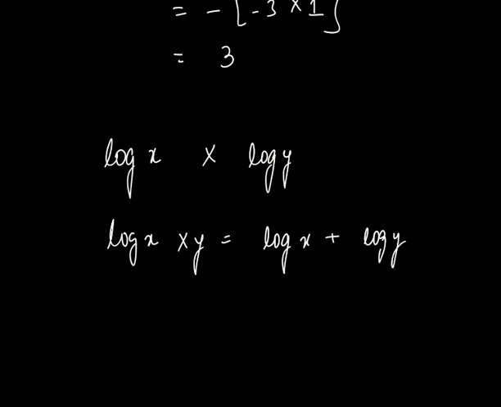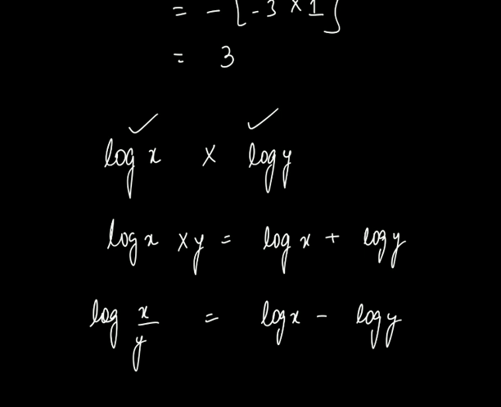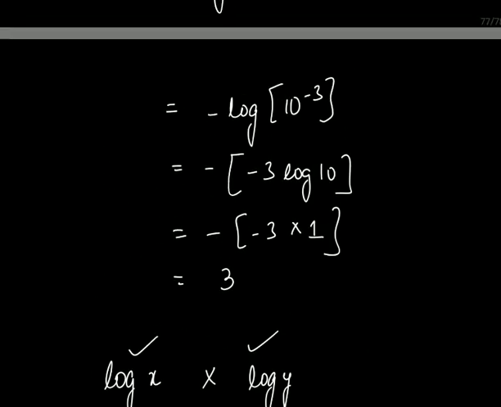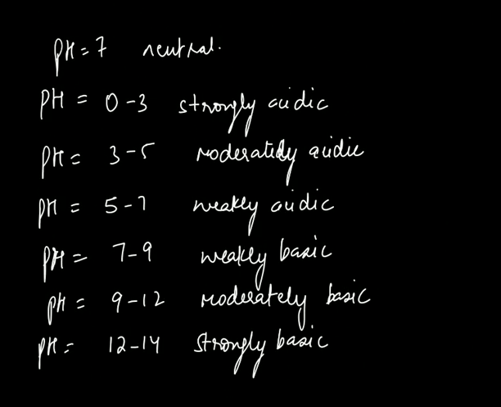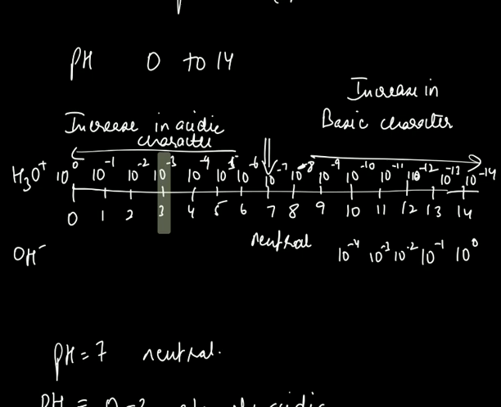So if any value is getting multiplied, so ultimately it will be added up. So log values you have to see from the log table, or it can be given in the question also. Now if we have log x divided by y, now in that case it will be subtracted. Log x minus log y. So if it is multiplication, it will be added up. If it is division, then it will be subtracted, like that.